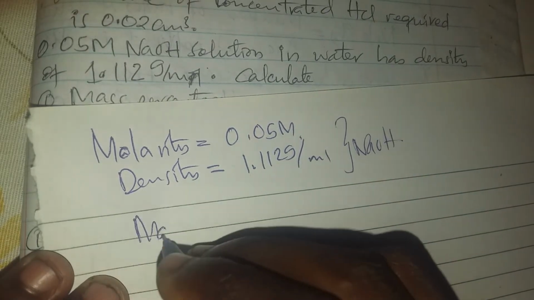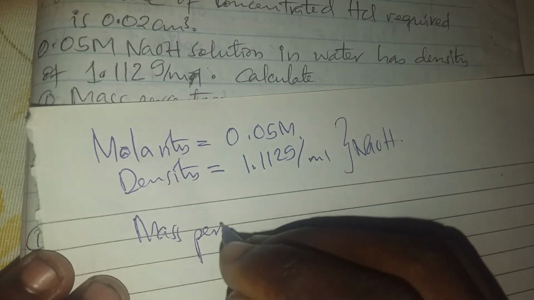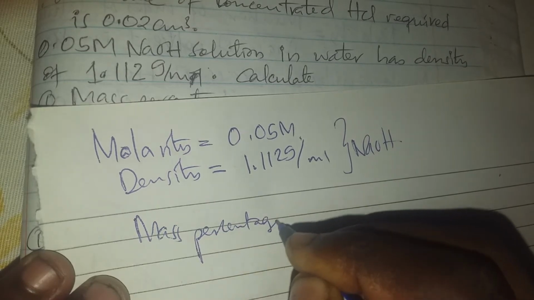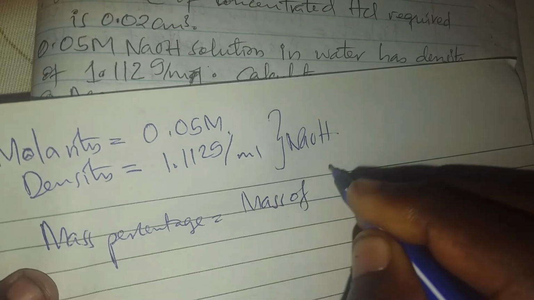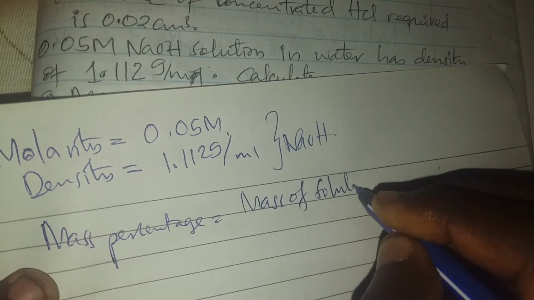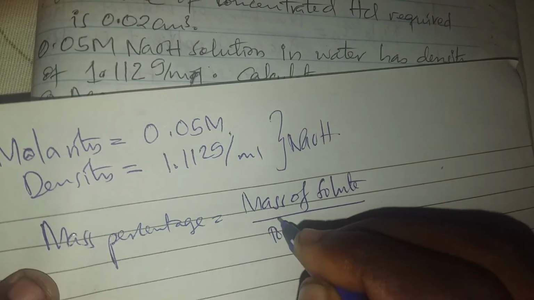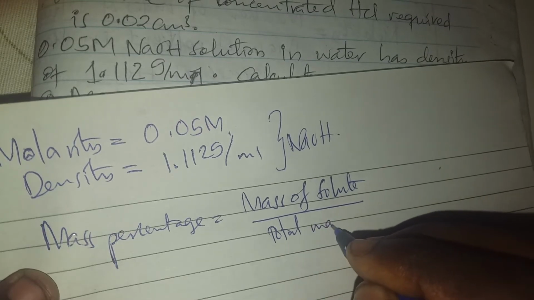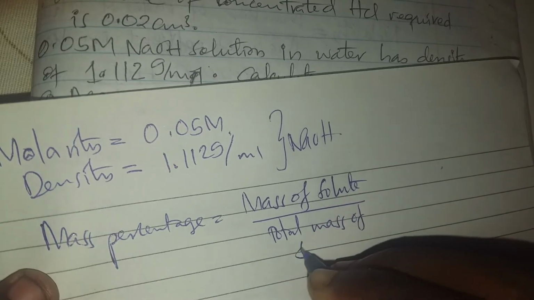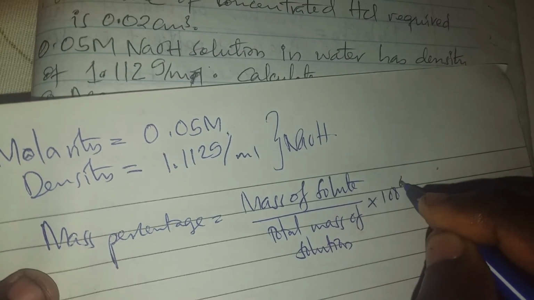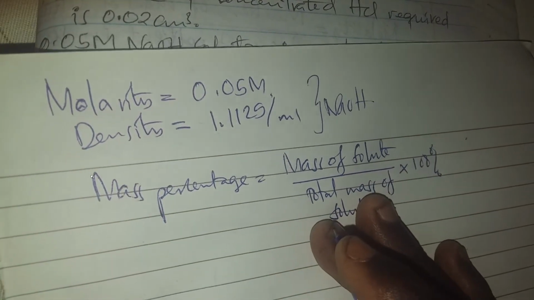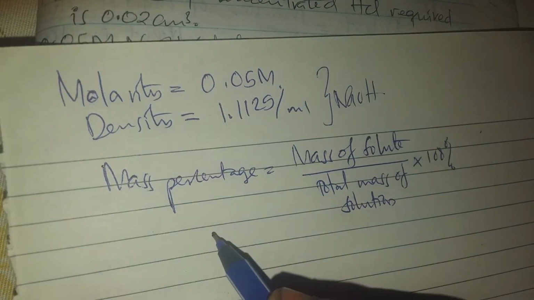Mass percentage is equal to mass of solute over total mass of solution, times 100%.